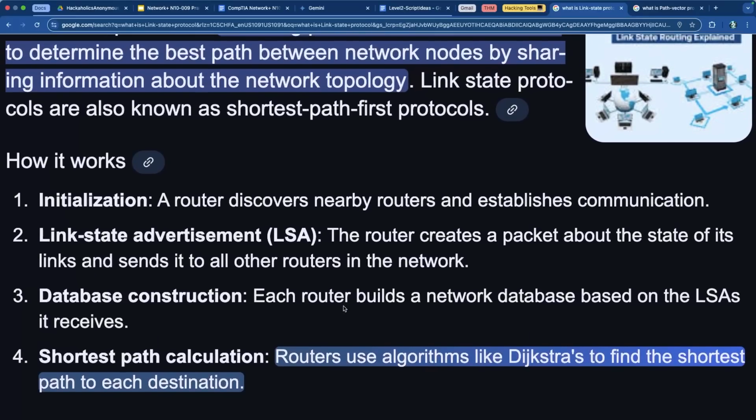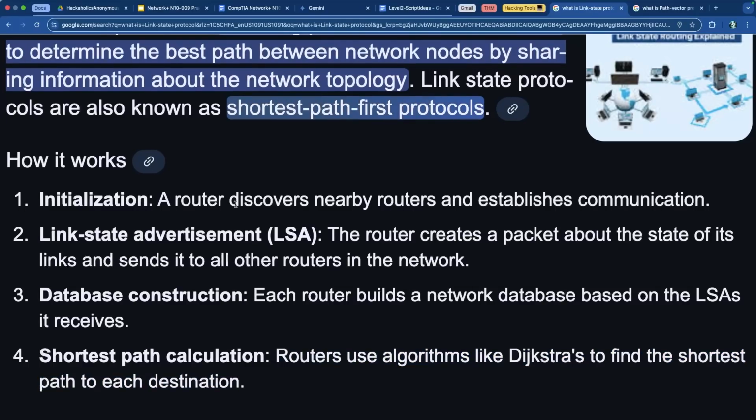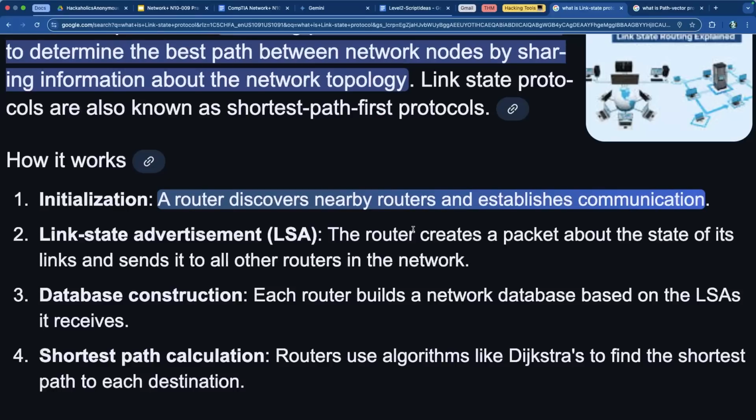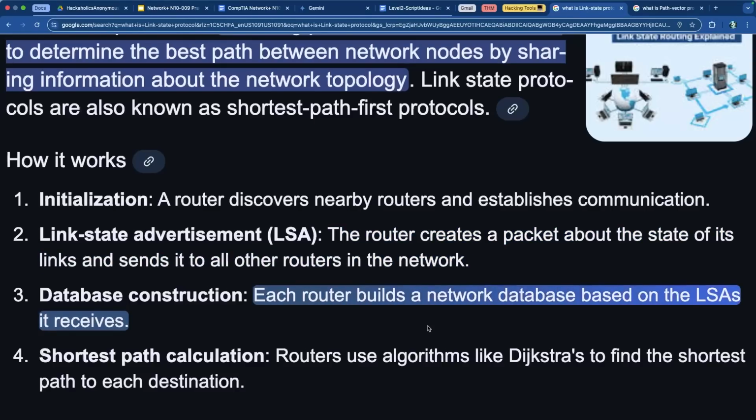So this is what the link state protocol is like, and this is how the establishment of the shortest path is done. First, the router discovers nearby routers and establishes communication with them, and then the link state advertisement is created. The router creates a packet about the state of its links and sends it to all of the other routers in the network, and then each router builds a network database based on the link state advertisements that it receives.